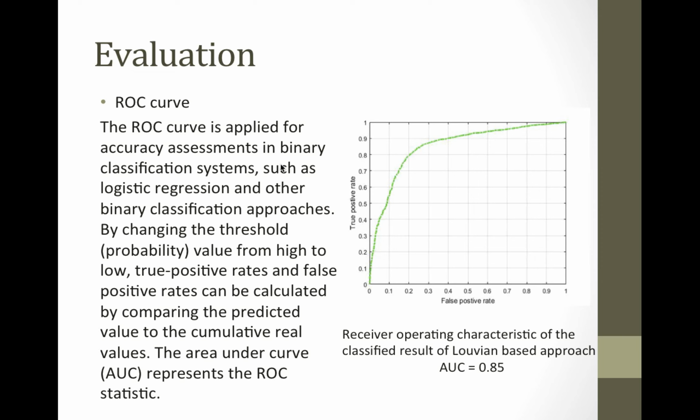By changing the threshold value from high to low, the true positive rate and false positive rate can be calculated by comparing the predicted values to the real values. The area under the curve is the statistic to reflect the goodness of the results. In my study, the AUC is 0.85, which is also not bad.